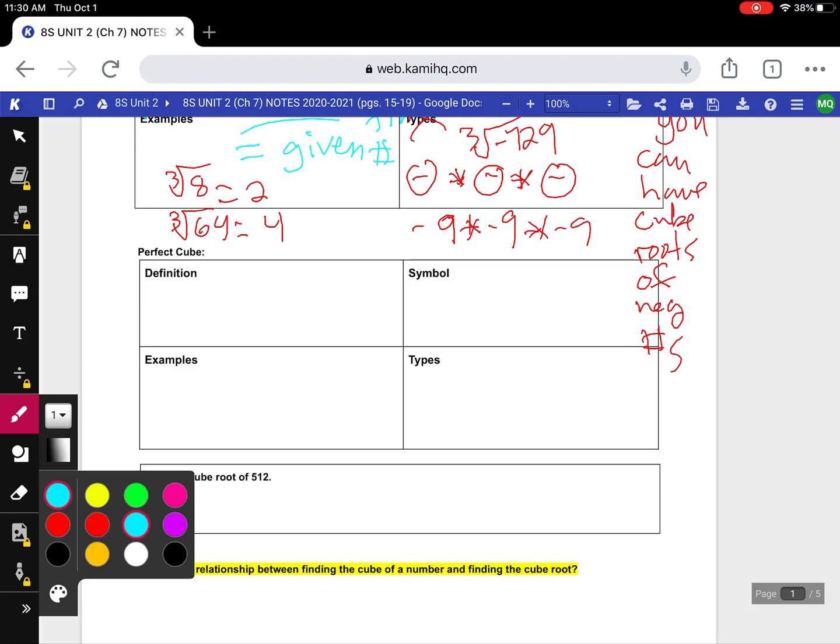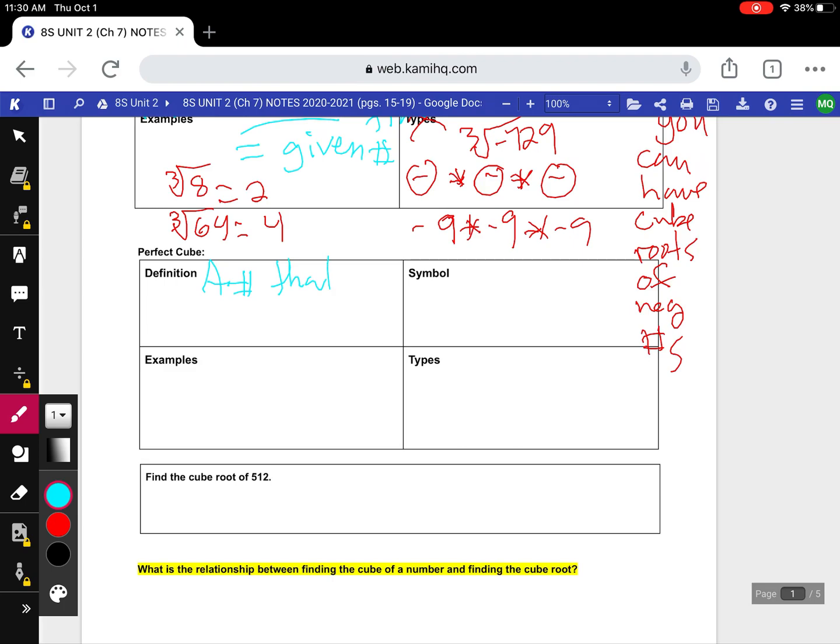We're talking about perfect cubes now, okay? And the definition of a perfect cube is a number that can be written with integer cube roots. Okay, and let's just talk about integer for a second.